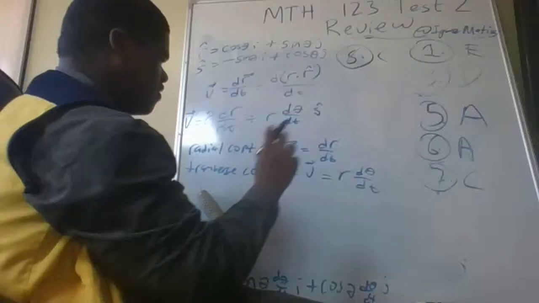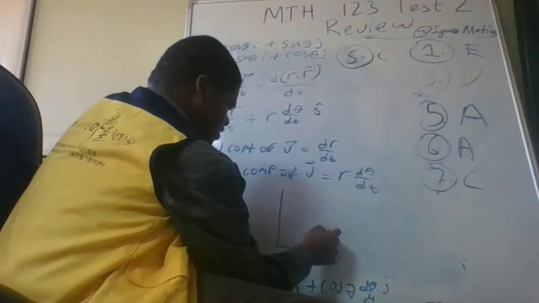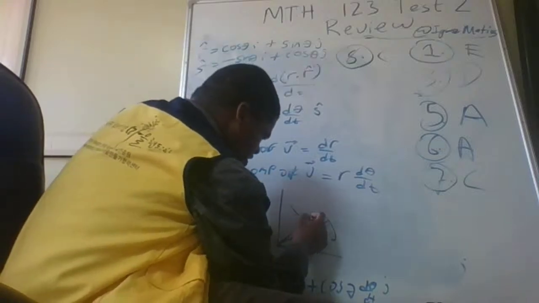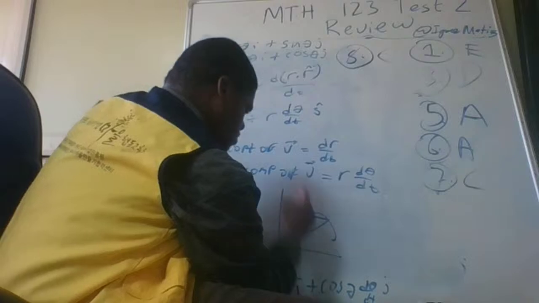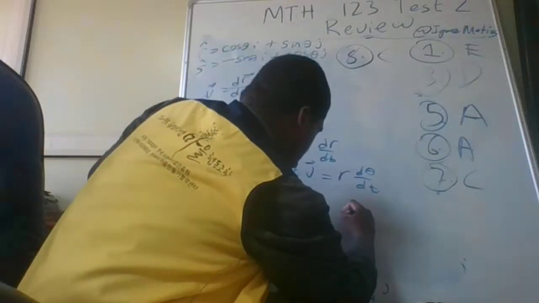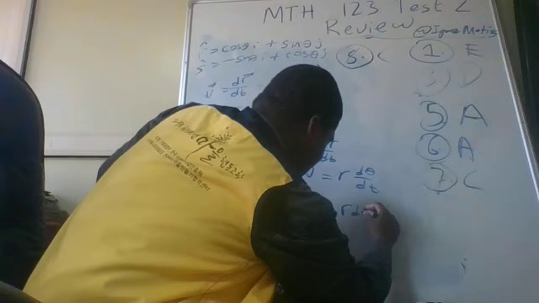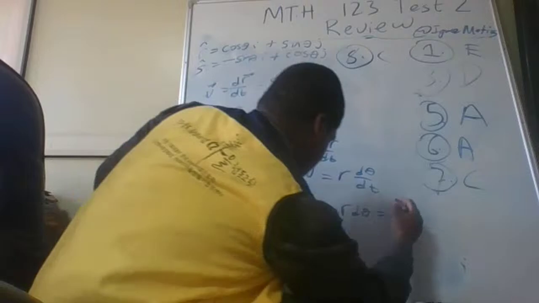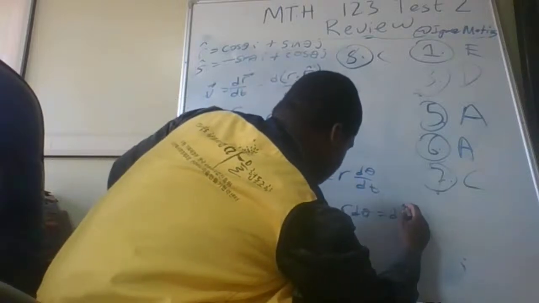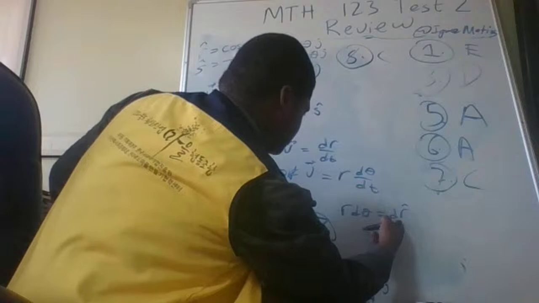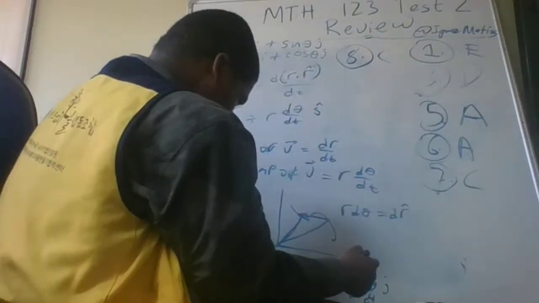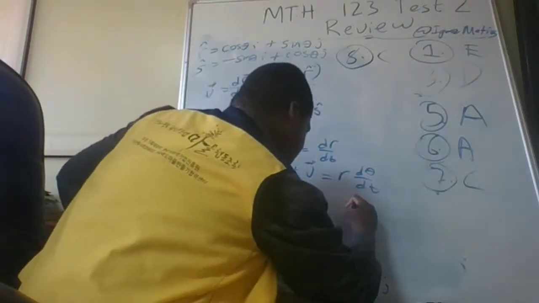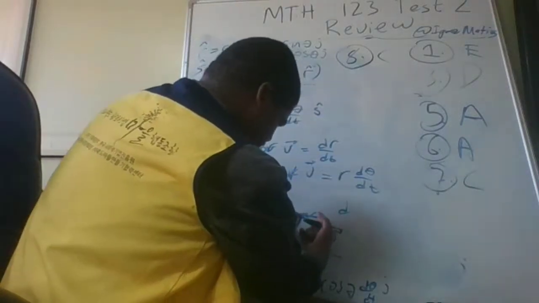I believe there's going to be a way of explaining this another way. Let me just see if I can give that. If you have this curve like this, and this is our vector moving through this curve, and we want to take a thin slice like this, we know that our r d theta is going to equal this thin slice that we took here, dr. Our r d theta is going to equal that change in radius.